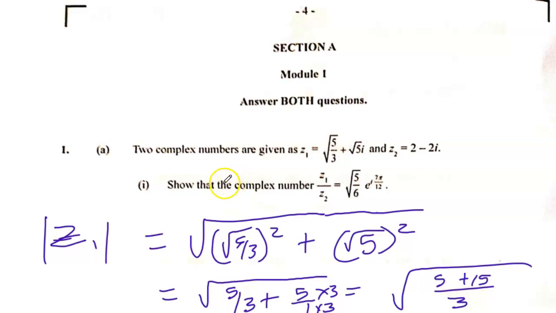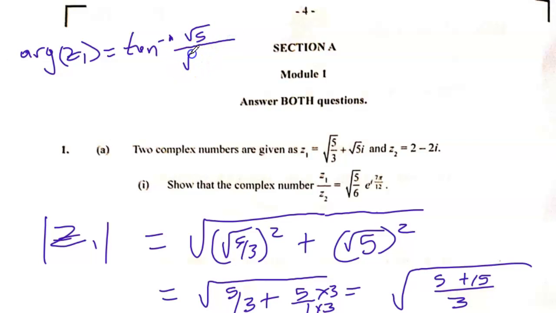Now let's find out the argument of each complex number. Begin with z1. The argument of z1 is equal to tan inverse of the imaginary part, which is root 5, divided by the real part, which is root 5 over 3.